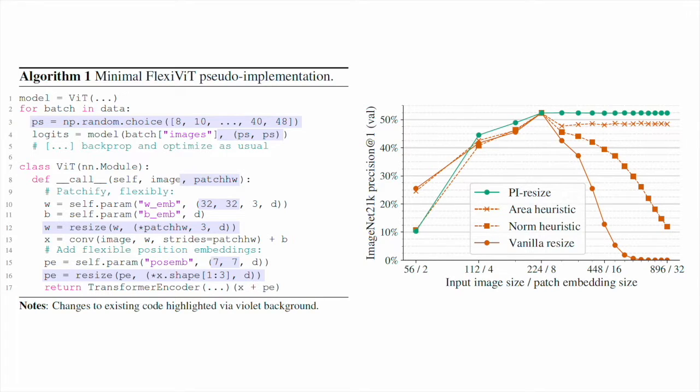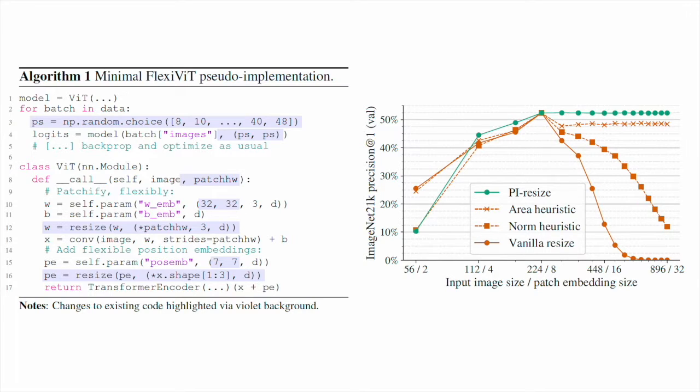But how do we resize the patch embeddings? The figure on the right shows that the PI resize or pseudo-inverse resize method proposed by the authors performs better than other methods. A straightforward way to resize the patch embeddings would be to use bilinear interpolation. However, this has the issue that the resulting magnitudes for different patch sizes are also very different.